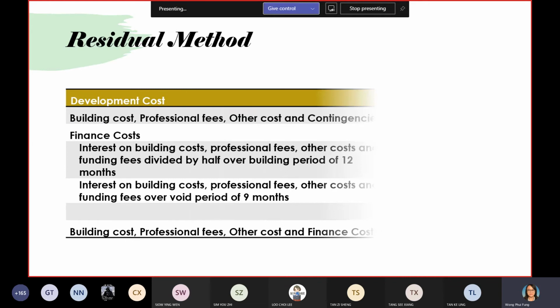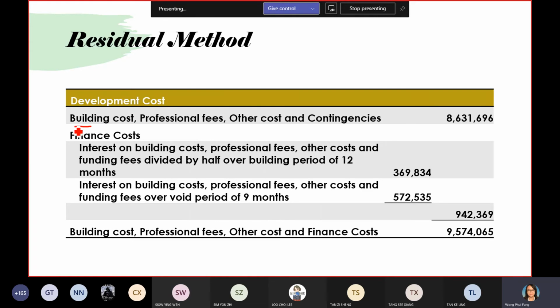Then the only change is the funding cost. As I mentioned, for the residual method, you calculate 3 stages. The first one is the land, second one is the building, last one is the void period. So for the residual method, you only calculate 2, building only and void period only. The land one, please ignore. So only stage 2 and stage 3.